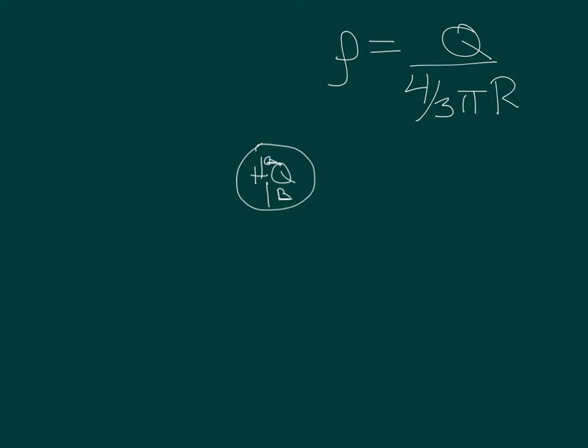So now, if I look at R and I compare that to maybe a shorter distance A, regardless of whether I am in this shorter distance A or R, because it's an insulator, I'll be able to calculate the charge density, just like this.